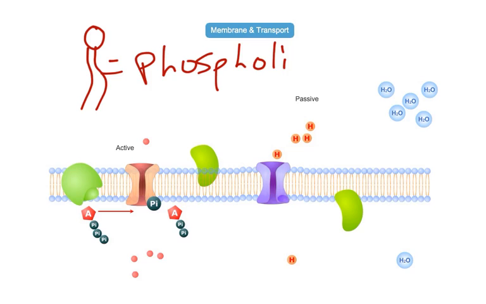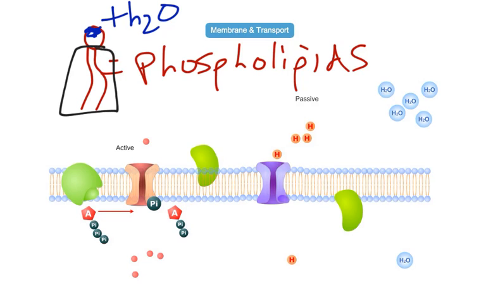They're a unique molecule that gives the membrane its unique characteristics. The head of the phospholipid has the phosphate group up here. I'll color it blue, because it likes H2O. It is hydrophilic, water loving, water soluble.